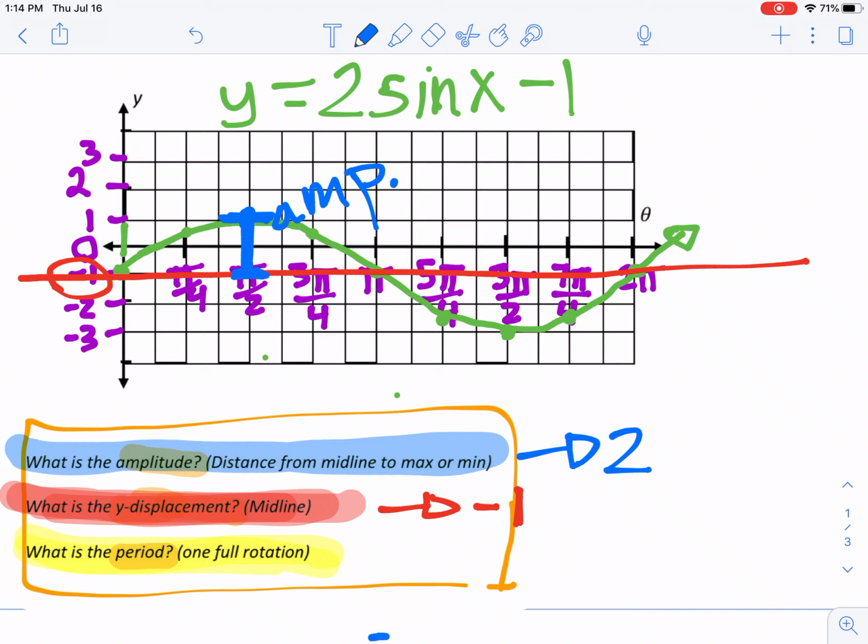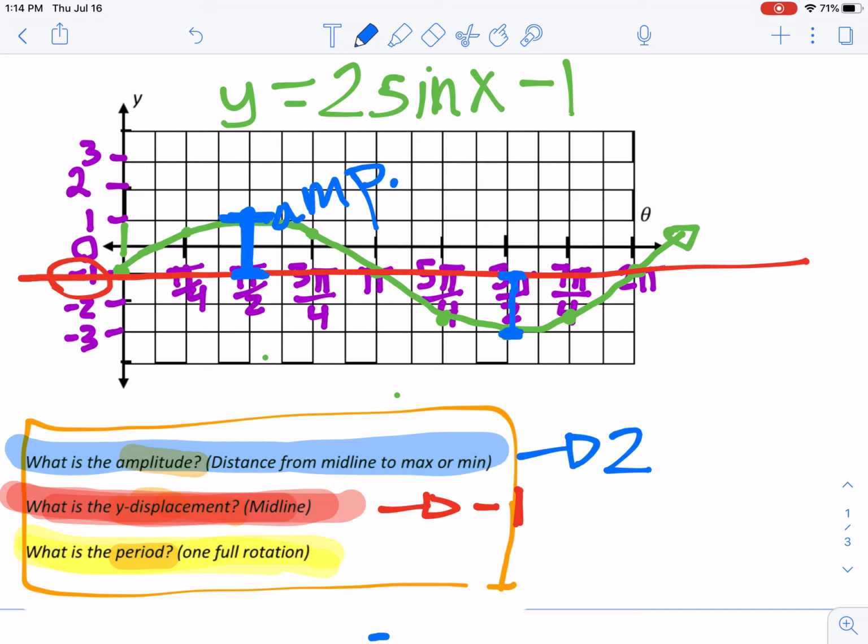It would still work for the min. So here's our minimum, and then we have our midline right there. The distance between them, from that midline of -1 down to that minimum of -3, is still a distance of 2. Okay?